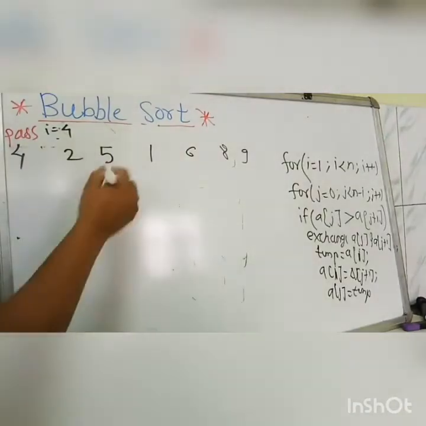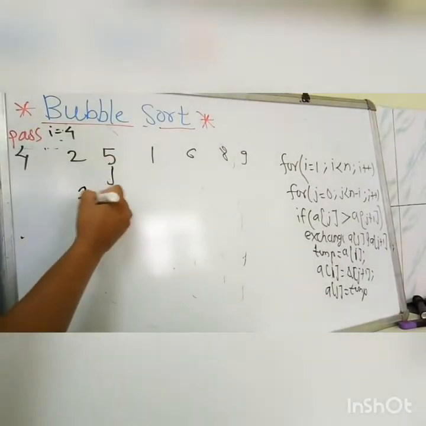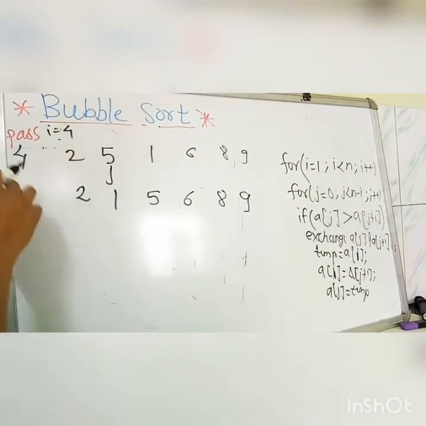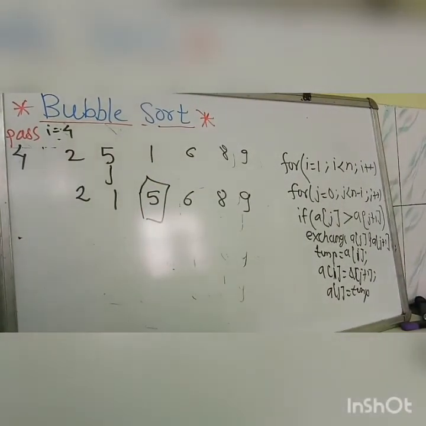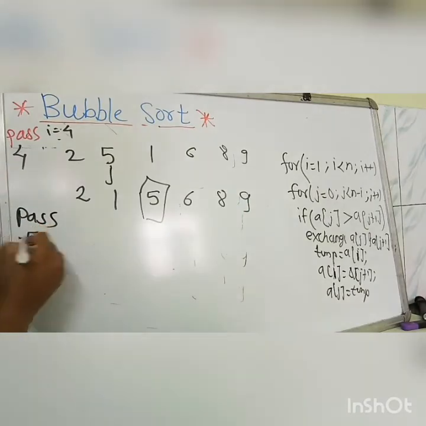No. Now compare 5 and 1. Is 5 greater than 1? Yes. Now it will swap. At the fourth pass, the number 5, that is the biggest element next to 6, is taken to the last position. Now we have to cover the next pass.